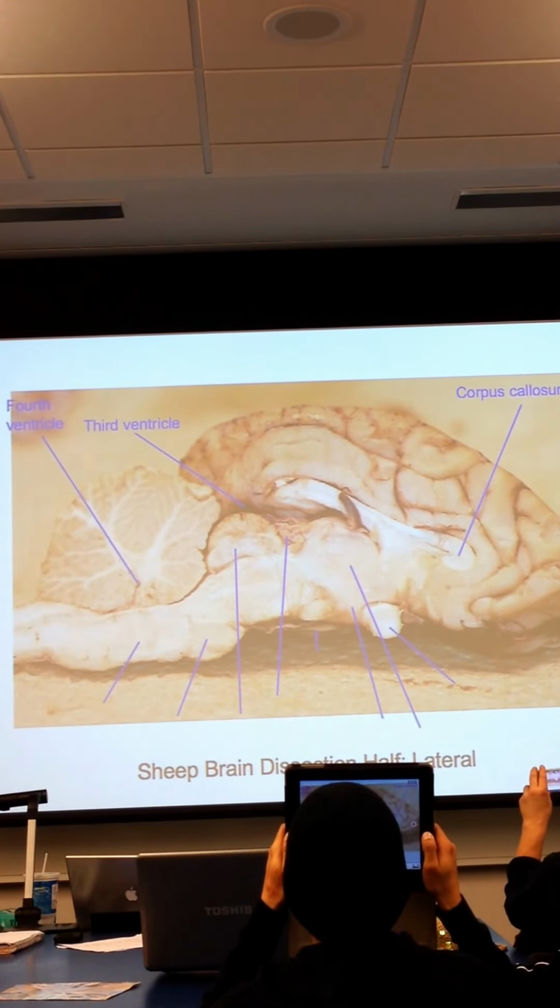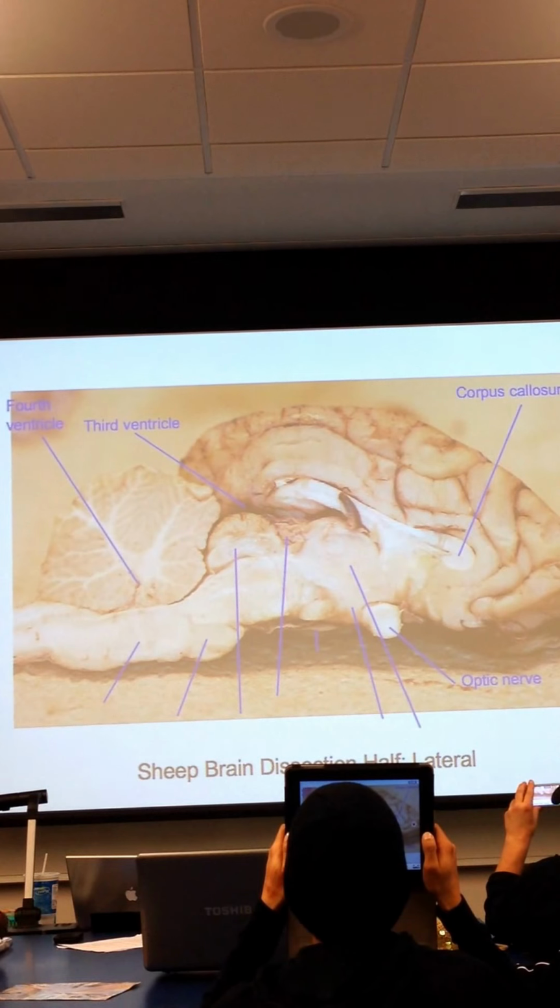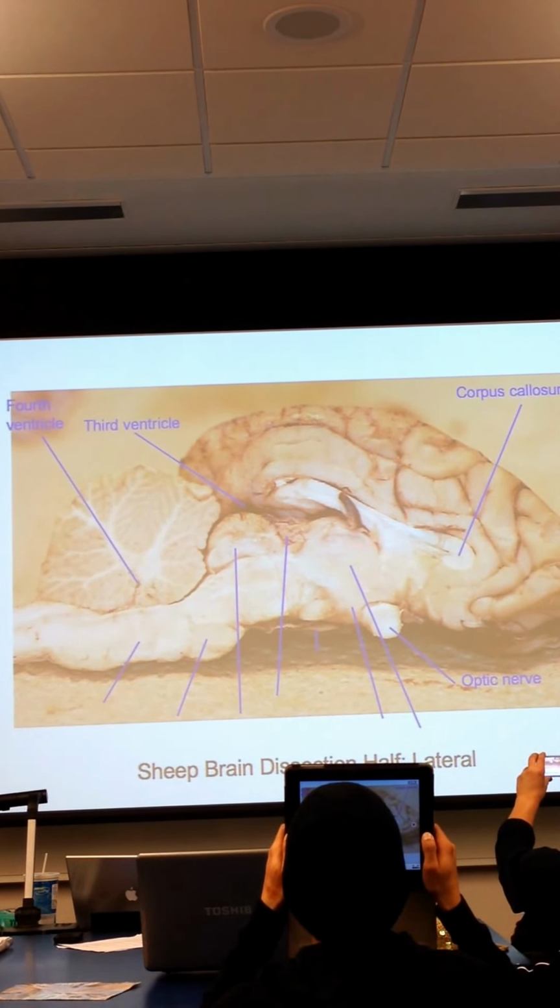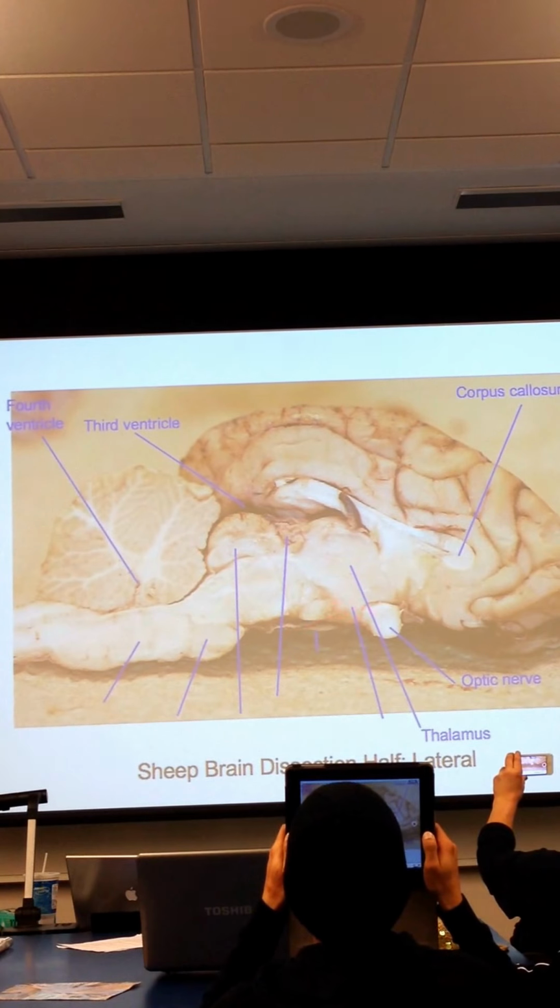What's the technical name for the third eye? Optic nerve, which is the end of the optic chiasma. Good. Then we have this big circular thing right here. The thalamus.